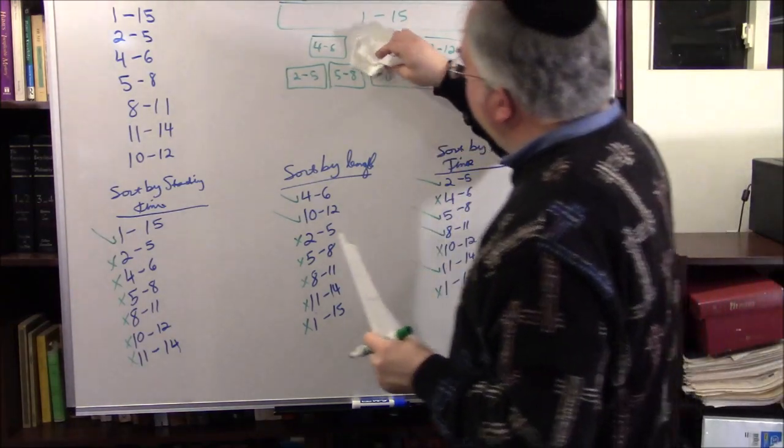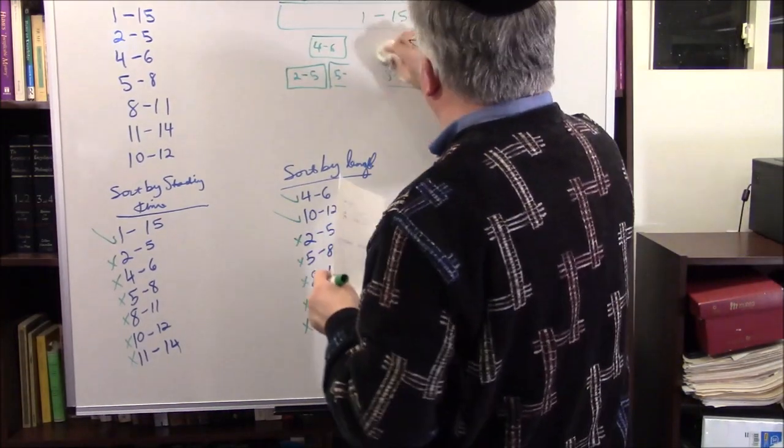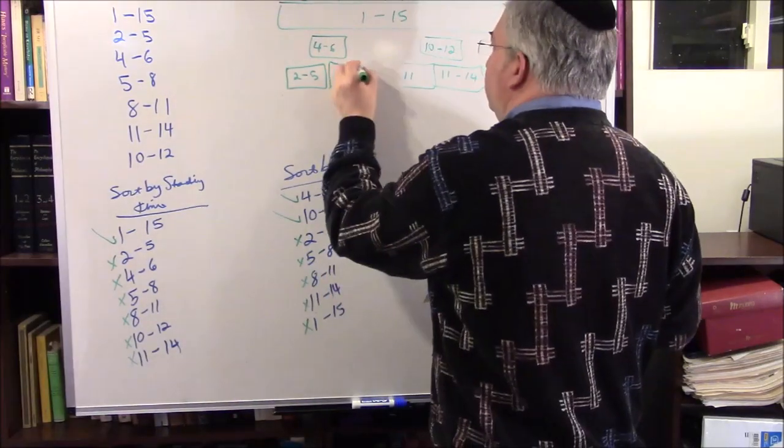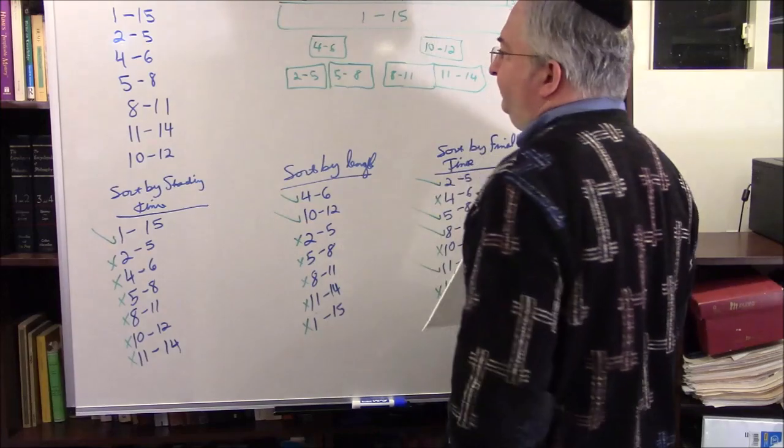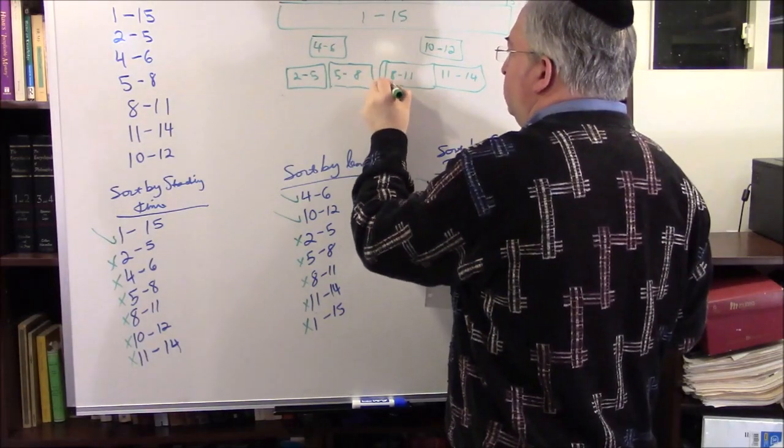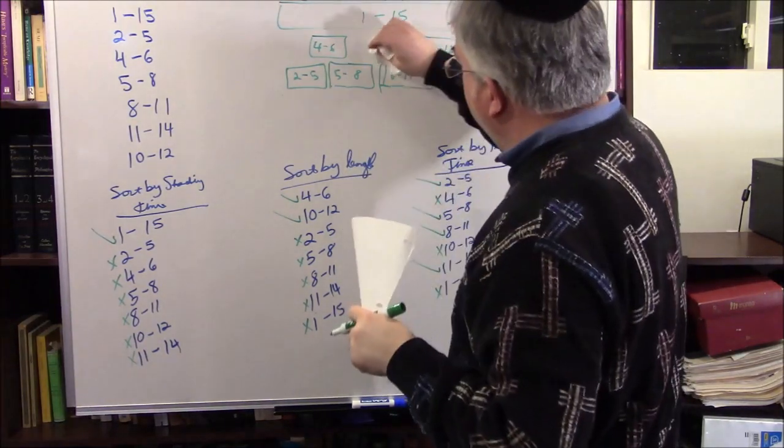So maybe let's do this a little bit more evenly. This is 5 through 8, and this is 8 through 11. This is lined up. Anyways, we're getting closer.